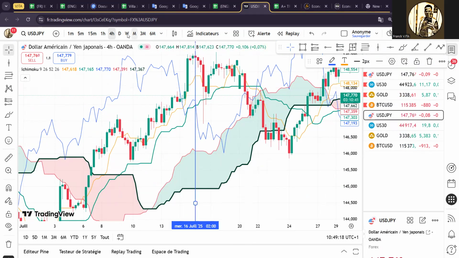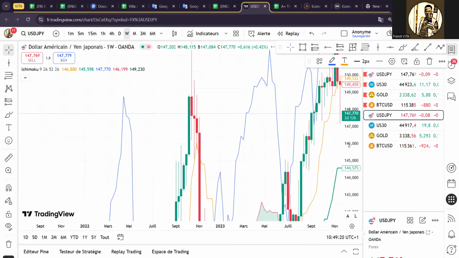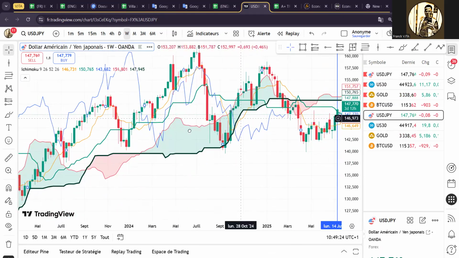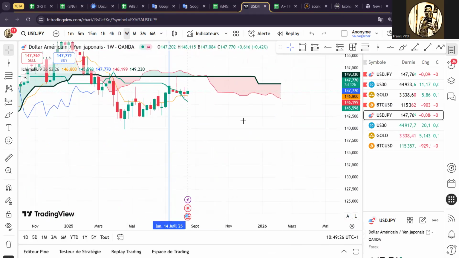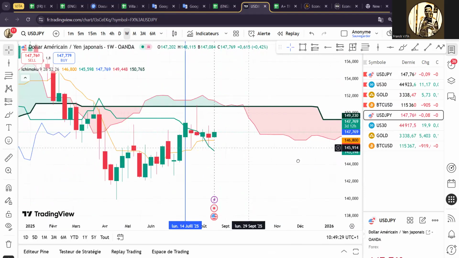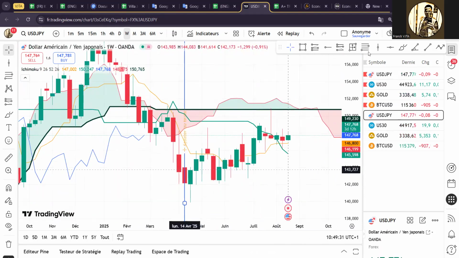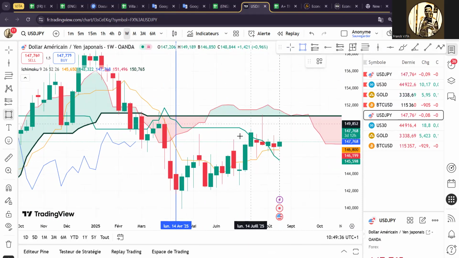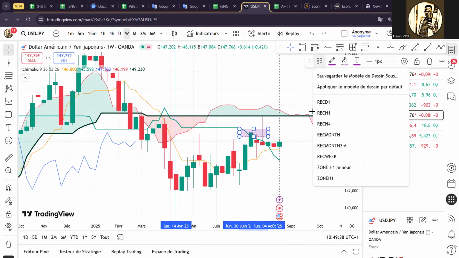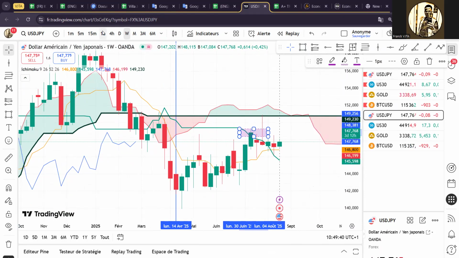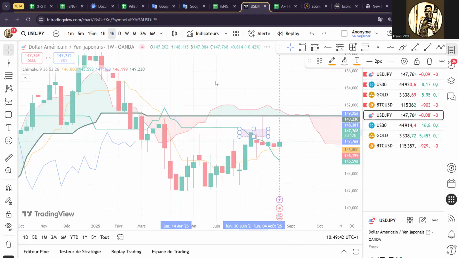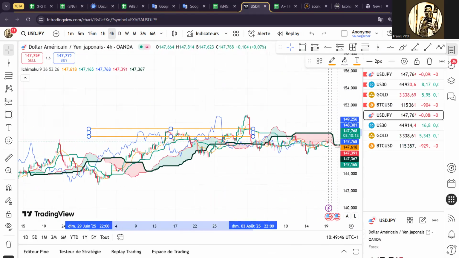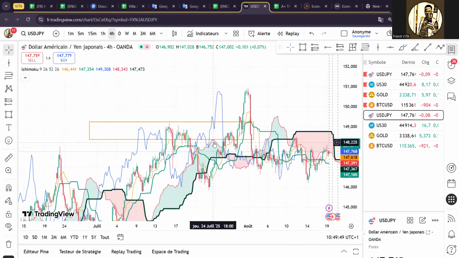Rather than me telling you, let me go on weekly. You see that is a Kijun setup, isn't it? A weekly Kijun setup just right here.